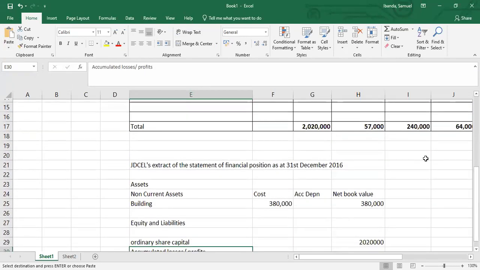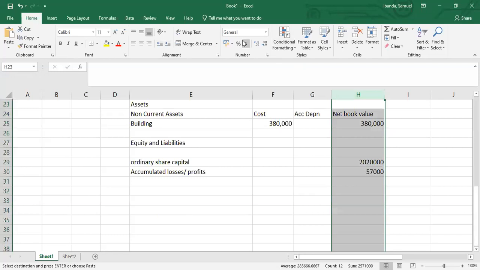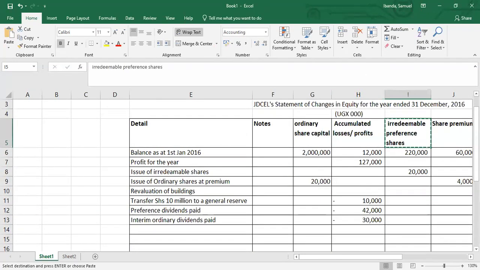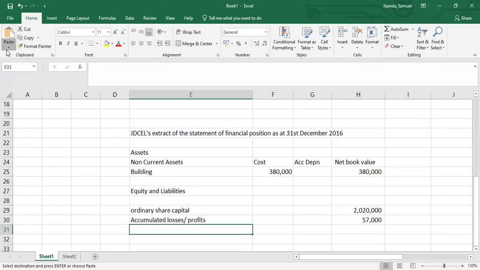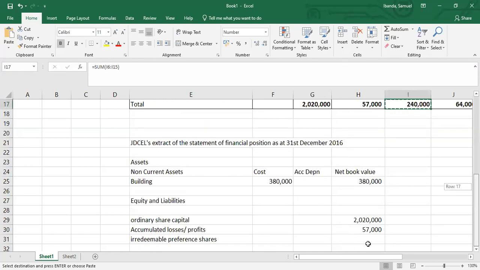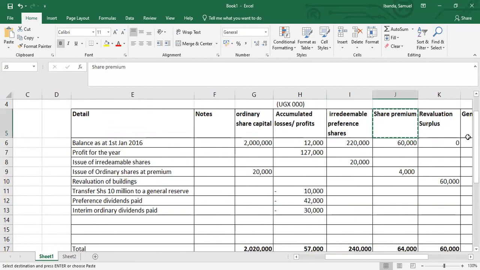Here I have 57. Then I have irredeemable preference shares, I have 240. I think you can see I'm only picking the totals, and that's the essence of preparing this document. And then I have share premium.